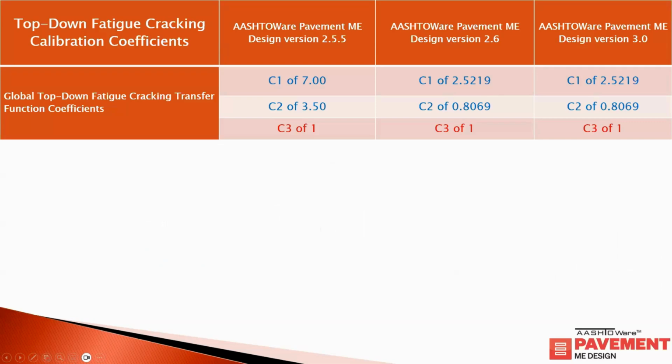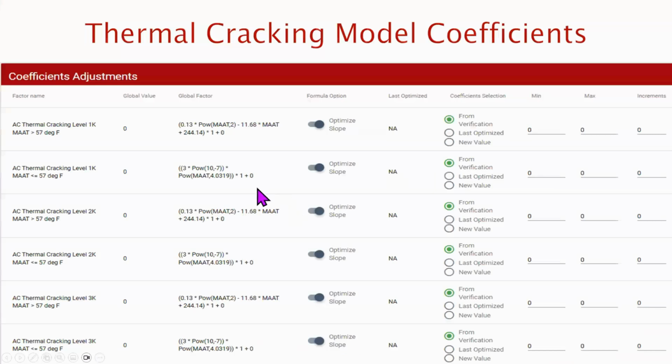And there's a difference here between 2.55 and 2.6. 2.55 was still using the more empirically derived top-down cracking model. The new top-down cracking model is included for 2.6. So 2.6 and 3.0 have the same global coefficients.